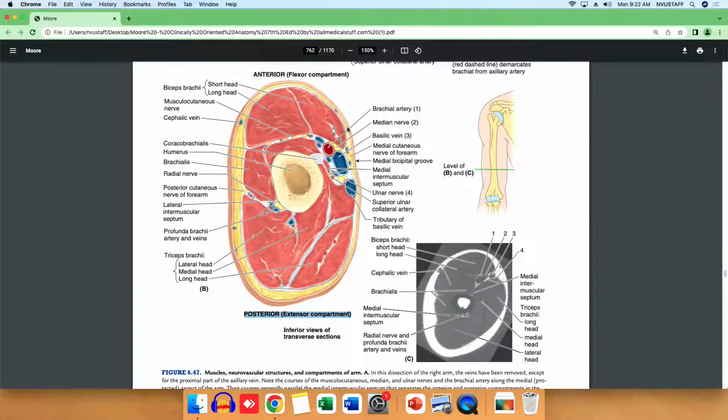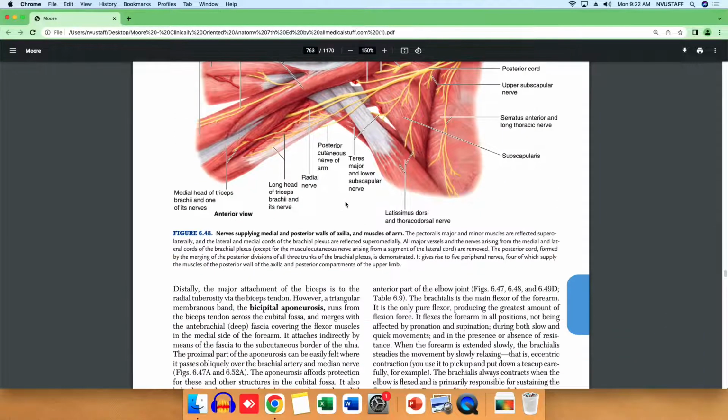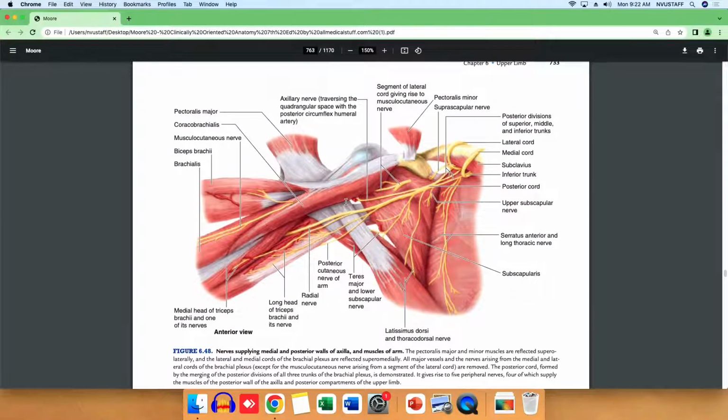Yes, so in this case, besides the biceps brachii in the anterior compartment, we do have a couple more muscles. And what are they? You can find here that we do have a part of the brachialis muscle, as well as a portion of coracobrachialis, although it's not seen very well here, but let's go through this picture.